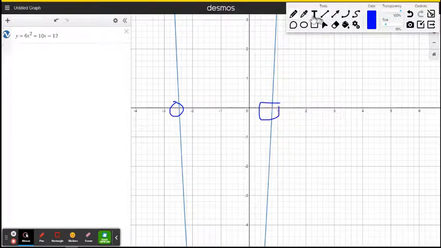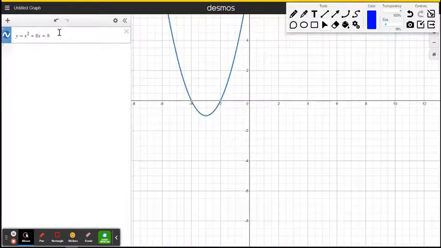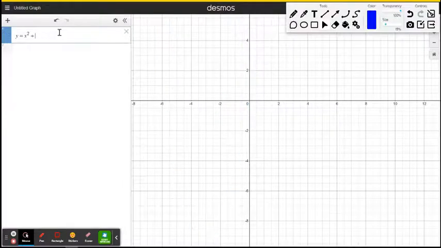Okay, now there are some graphs where you only have one solution, and that's when your graph only touches the x-axis at one point. So let me try to manipulate this equation so that it only touches one place for you. Oh, now it's way up here.